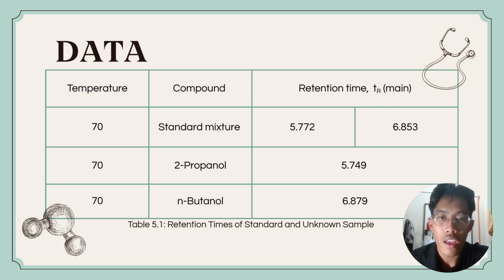When I compare this with the individual standards, 2-propanol has a retention time of 5.746 minutes, which is very close to the first peak in the standard mixture. This confirms that the first peak corresponds to 2-propanol.